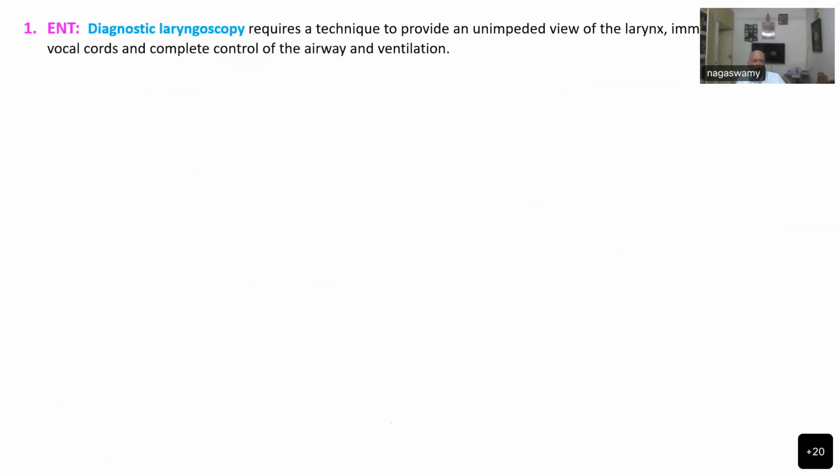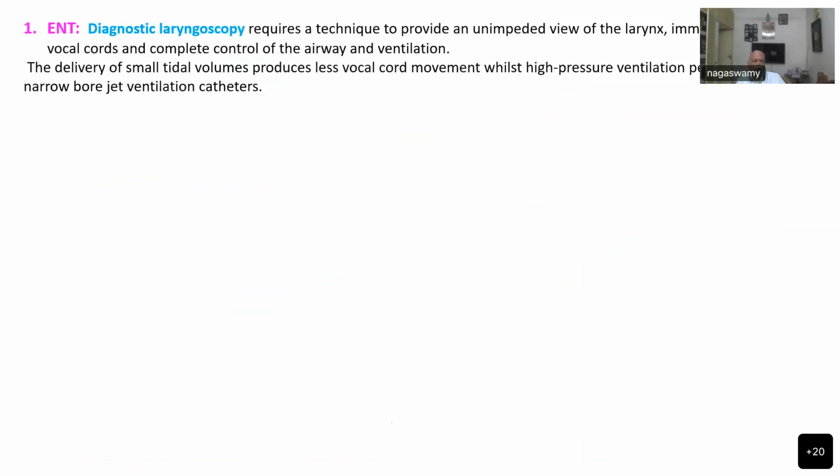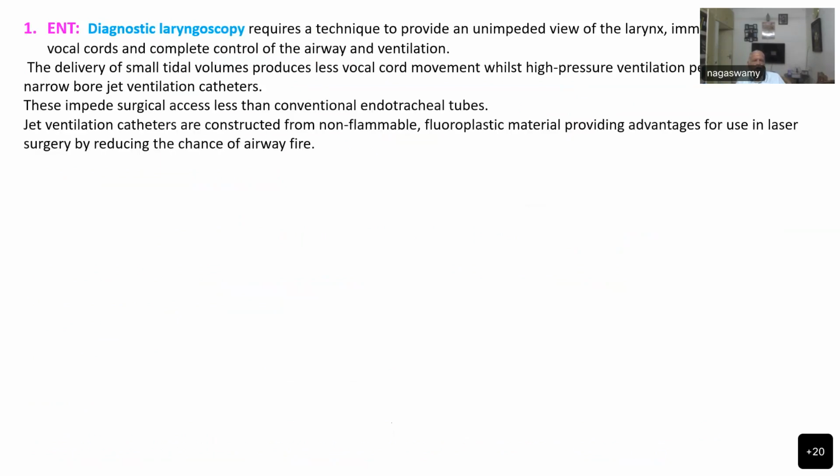And in ENT procedures, diagnostic laryngoscopy, you can use it, or where you want immobility of vocal cords for any vocal cord microlaryngeal surgeries, this can be used. And the jet ventilation catheters are constructed in such a way that they are non-flammable fluoroplastic material. So you can use them with laser without fear of airway fire.